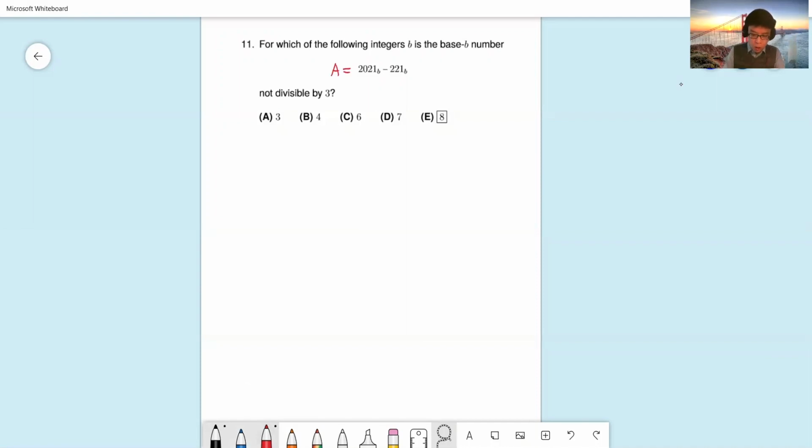So a is basically 2000_b minus 200_b, because the last digit cancels, right? And this becomes 2 times b cubed minus 2 times b squared. It's 2b squared times (b minus 1). So that's the number a in terms of b.